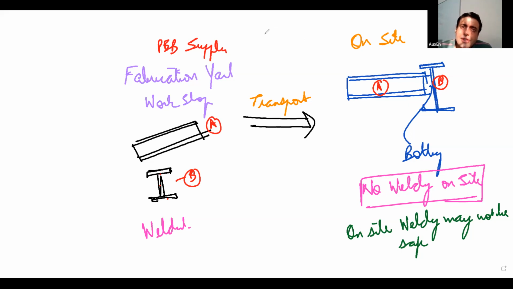If there is anything that is inflammable, your welding might very easily cause an incident of fire. So welding may not be safe on site.